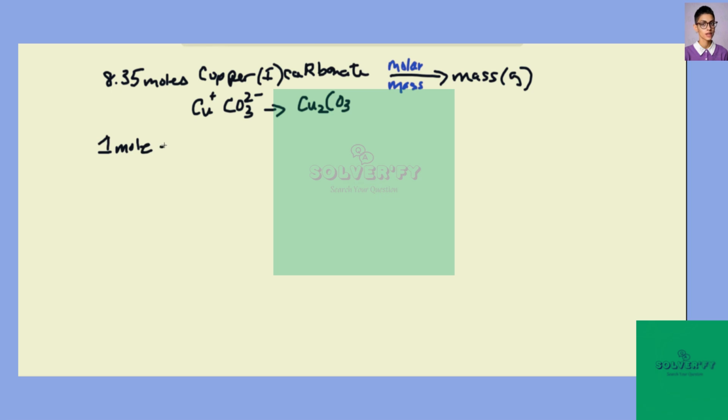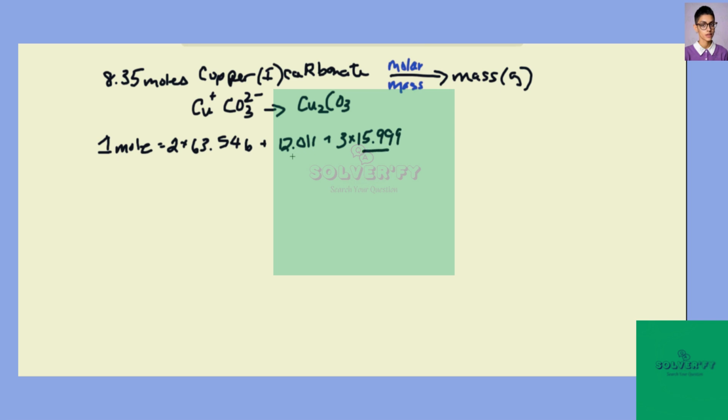And then using our periodic table, we find the molar mass. 1 mole is equal to the mass of copper from the periodic table times 2. So 2 times 63.546 plus the mass of carbon, 12.011, plus 3 times the mass of oxygen.